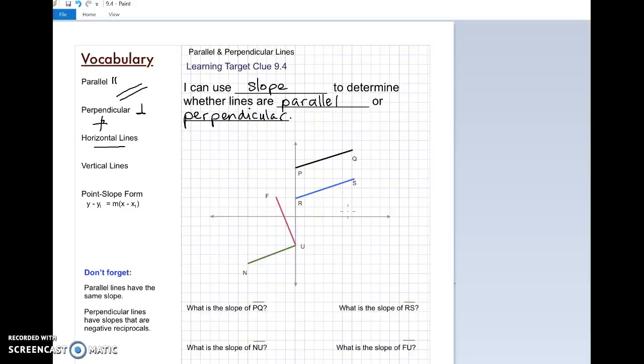What do you think? All horizontal lines, are they parallel to each other or perpendicular to each other? Well, they're parallel, aren't they? And the other thing we say about horizontal lines is we recognize how we write that line.